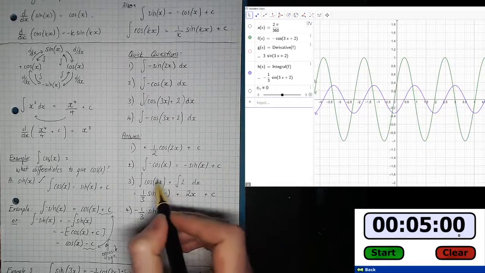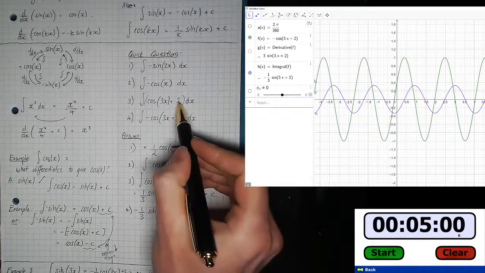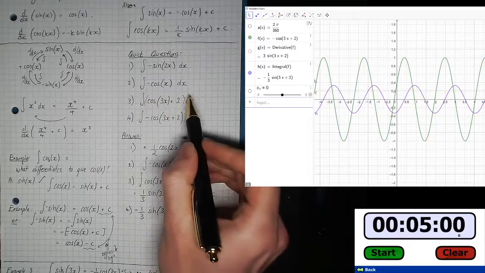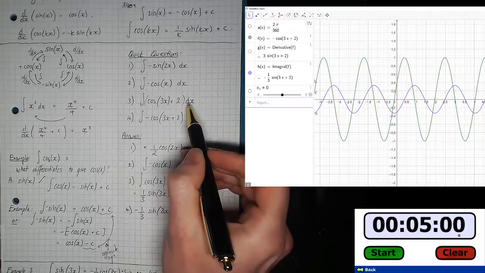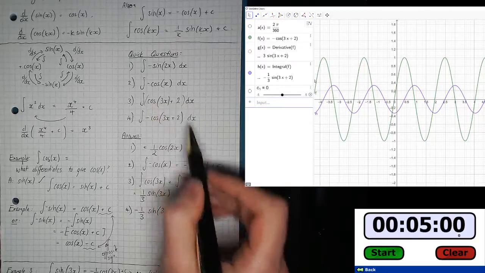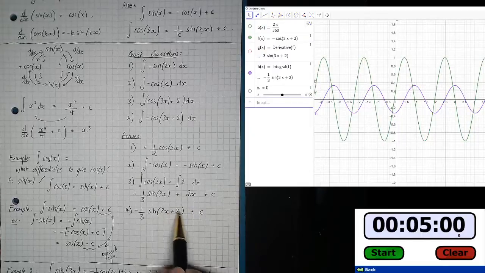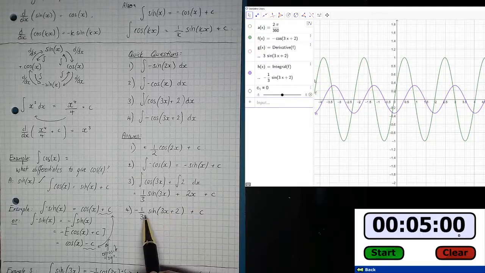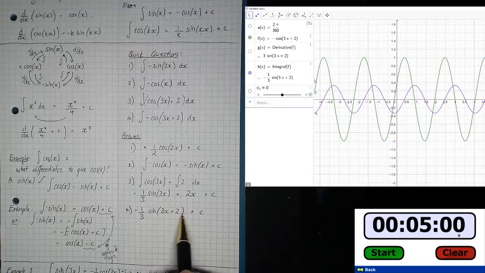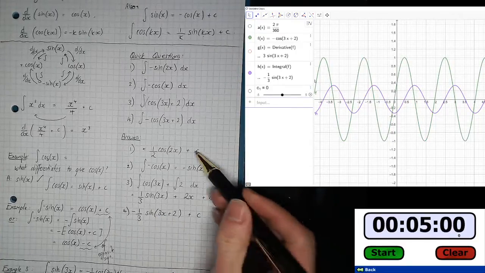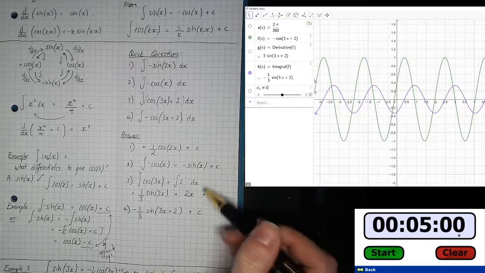When we had this one, the 2 is outside of the cos bracket, but it's contained before the dx, so we knew that we did have to integrate that 2 to become 2x. Okay. This one, we need to differentiate that whole bracket to divide by. Well, the derivative of 3x plus 2 is just 3. So we get negative 1/3 sine 3x plus 2 plus our constant of integration. And don't forget that constant of integration.